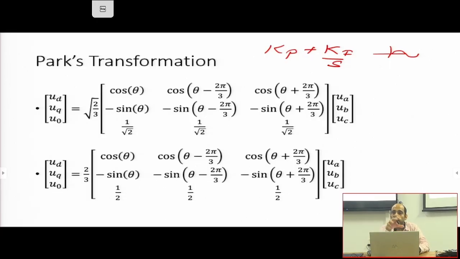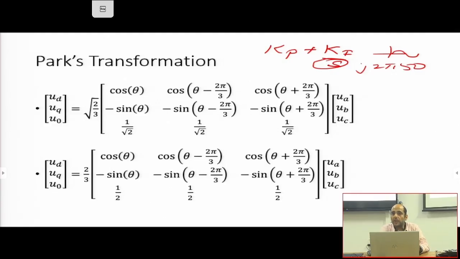The PI controller in that case will not work properly. The tuning will become difficult, because in that case you have to put S as j 2 pi 50, right? It's not an infinite gain, so it's not guaranteed that a steady state error will become 0. So that is why we do a Park transformation, and the Park transformation is done using these matrices.